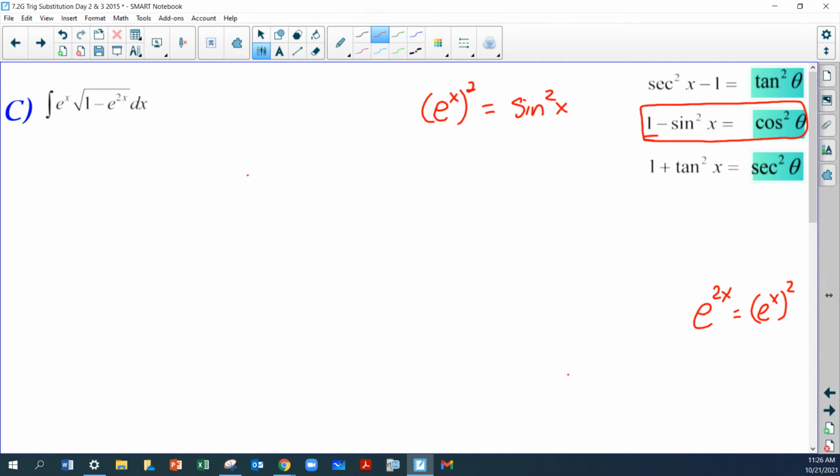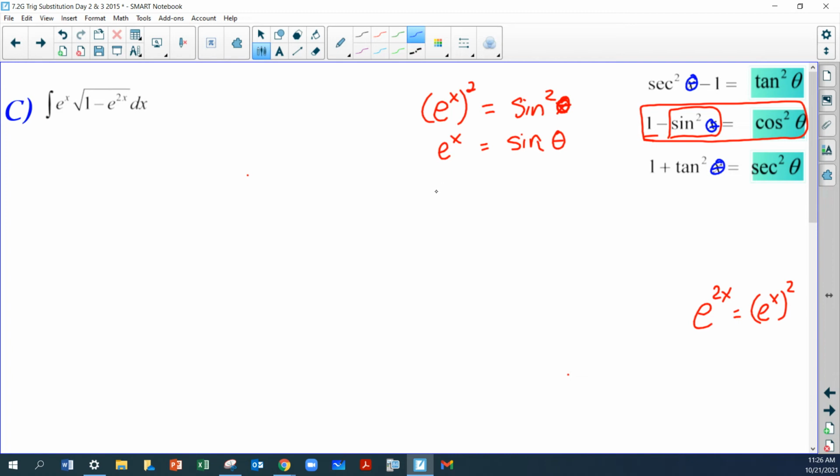I have the 1 over on the original problem, so I just need to make this my e to the 2x. Now take the square root. We got e to the x equals sine. And here I go with x's. That should be theta and theta. Oh, goodness. I just noticed these should all be theta, shouldn't they? No wonder why I keep writing down wrong stuff.